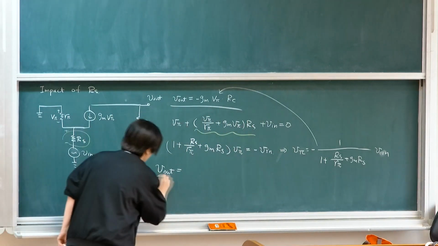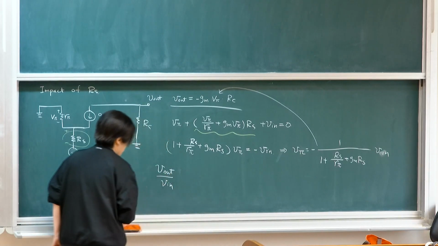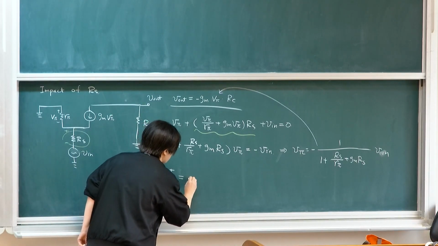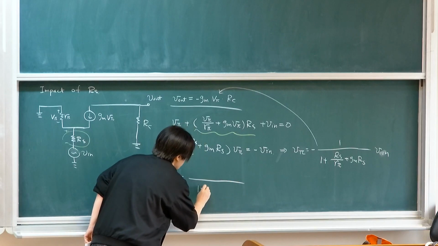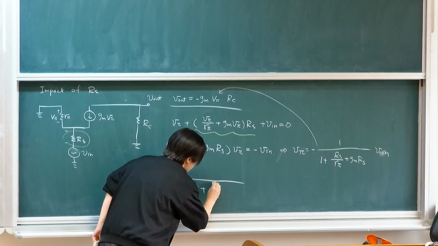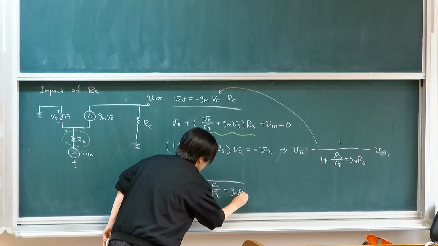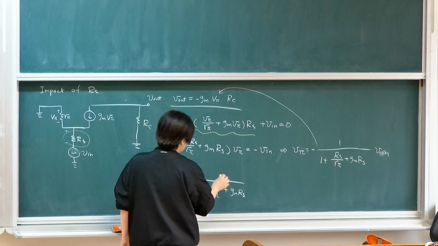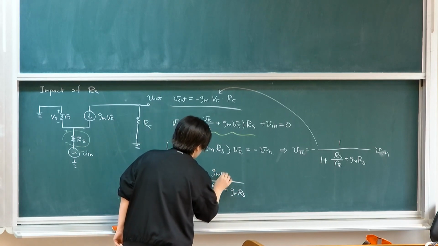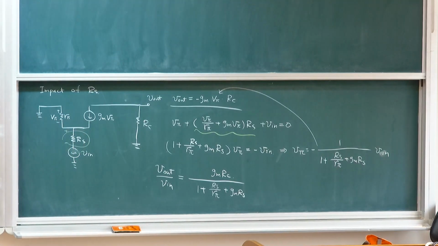Okay? So we get V out over V in. Let me just write down the equation. It will be 1 plus R pi RS gm RS, gm RC. Okay?